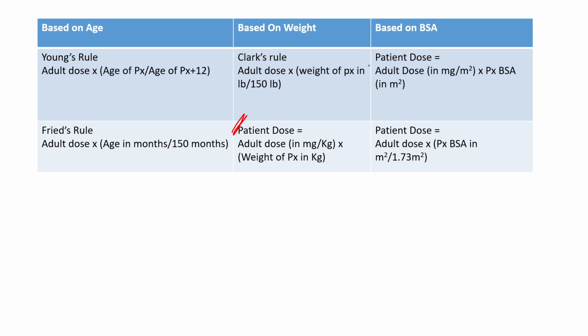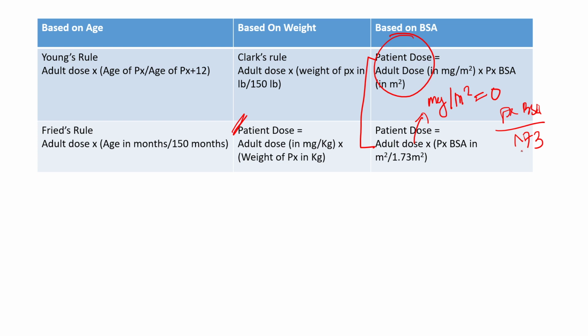Now to choose between the two types of BSA, you need to check the dosing. The adult dose is usually in milligram per meter square. If this is absent, meaning if this is missing, you're going to use this one. So you need to divide the patient's BSA over 1.73.